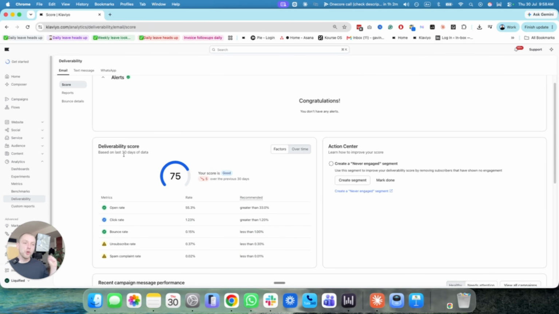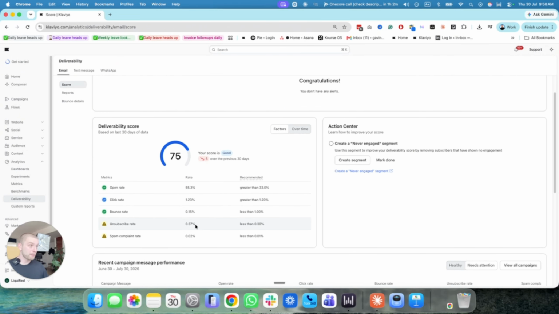But if you are sending campaigns to your entire database and that's getting like 20% open rates, that could pull down the average open rate, the average click rate, and the average bounce rate. Meaning that it's not necessarily your account as a whole that has bad deliverability, but it's your campaigns that are dragging down your deliverability and therefore potentially giving you the wrong indication that things need to be changed within the flows. So it's really important to understand that, okay?